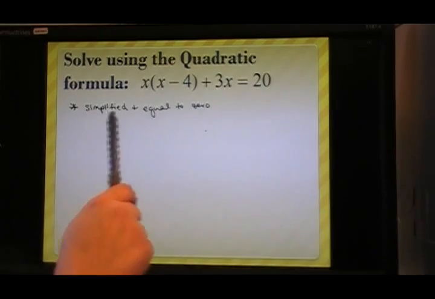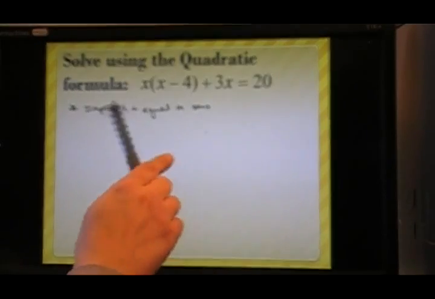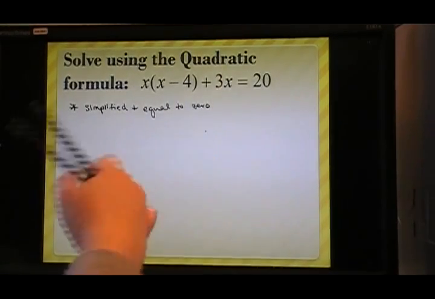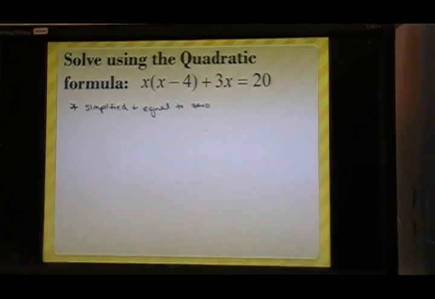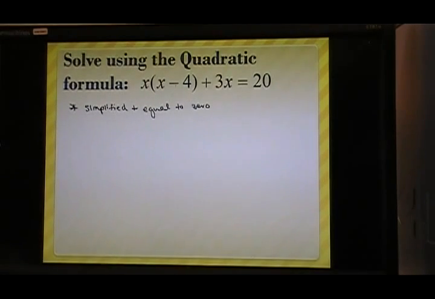Your equation has to be simplified, meaning we've got parentheses taken care of, and like terms are combined, and also one side is equal to 0. So in this case, if we distribute that x, we'll have x squared minus 4x plus 3x equals 20.